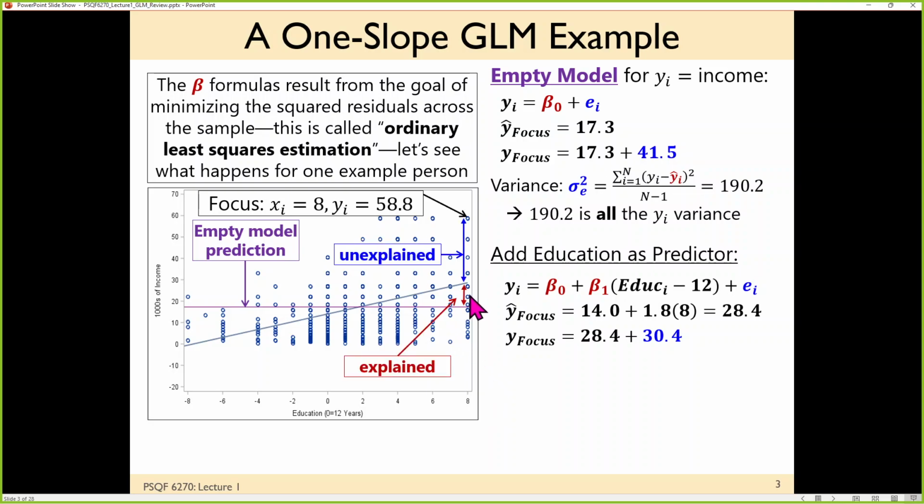So to put that another way, what I have done is explained, and I'm putting that in air quotes, by the way, part of the variability in income. The difference between the empty model purple naive line prediction and the education model prediction is this much.